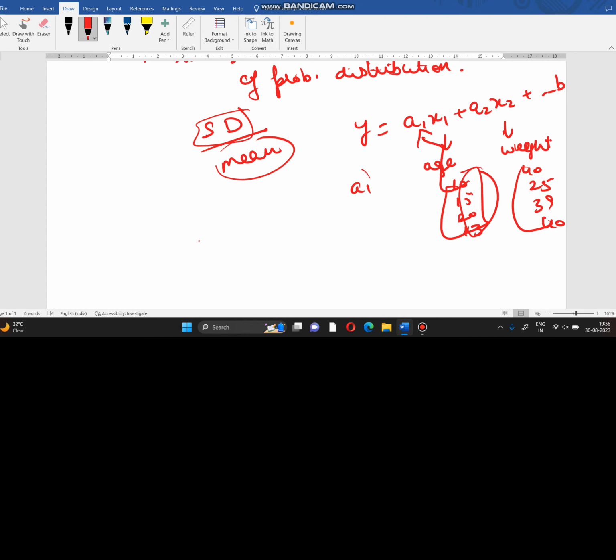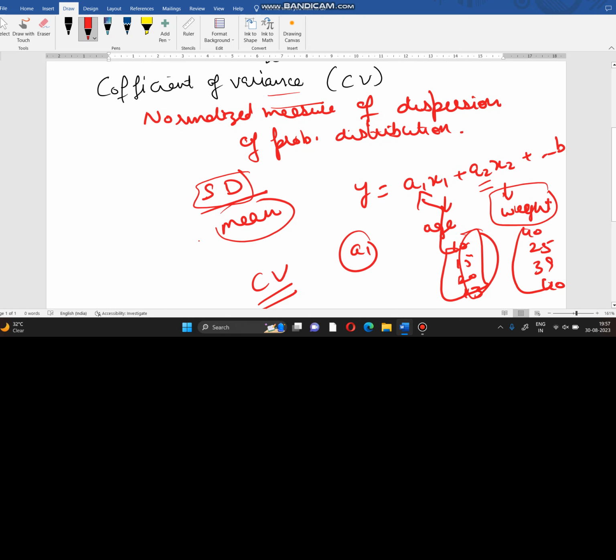So A1 is the normalized measure for age, and A2 is the normalized measure calculated based on the mean, for weight. This A1 and A2 are the coefficients for this particular equation. So the coefficient of variance is about the normalized measure of the dispersion of a probability distribution.